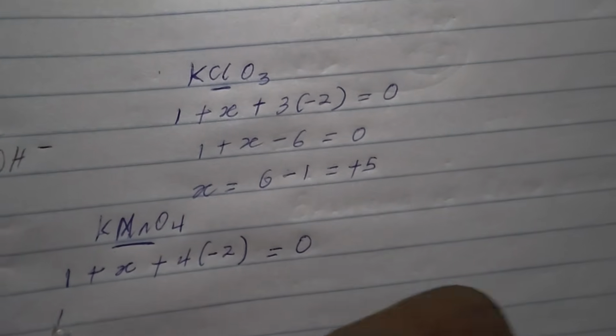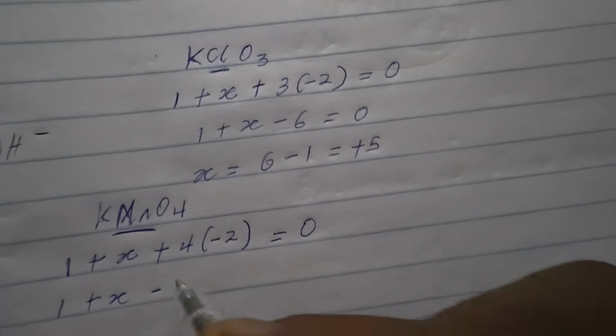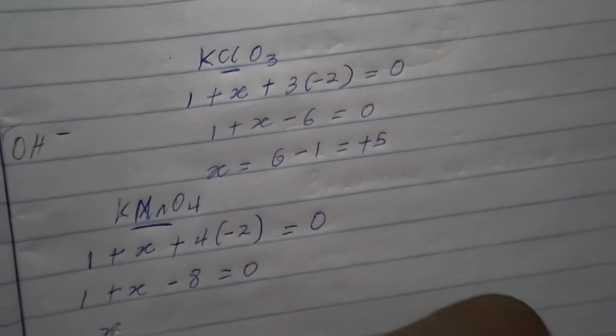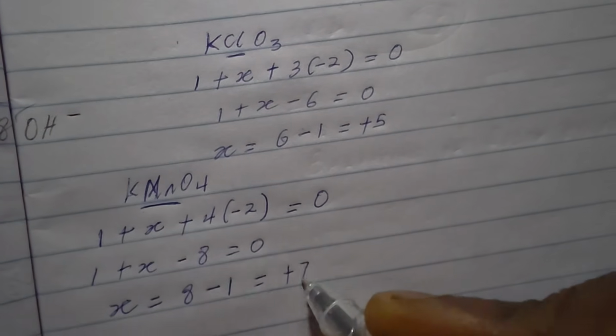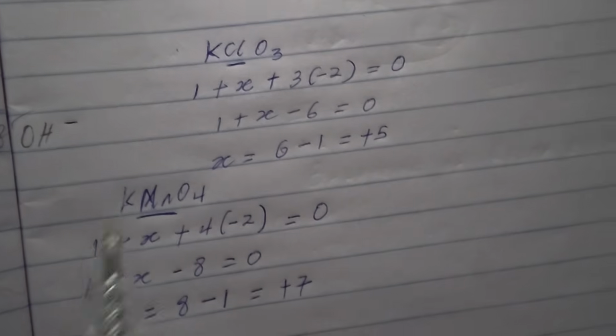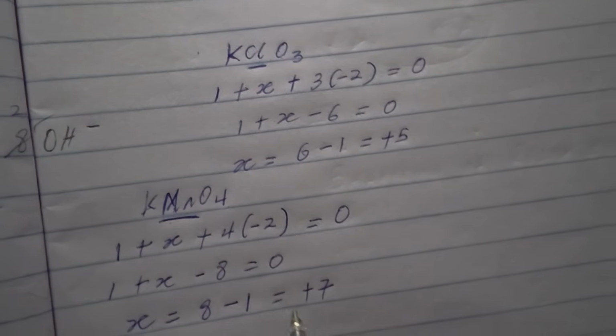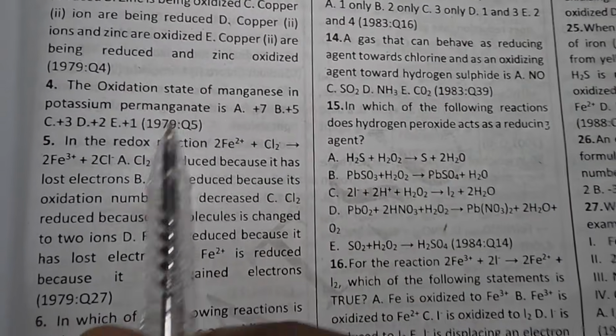So I can now say that 1 plus X minus 8 is equal to 0. X is going to be 8 minus 1, and that is going to be +7. So the answer is potassium tetraoxomanganate(VII). Do you get that? So the answer here is +7 in number 4.